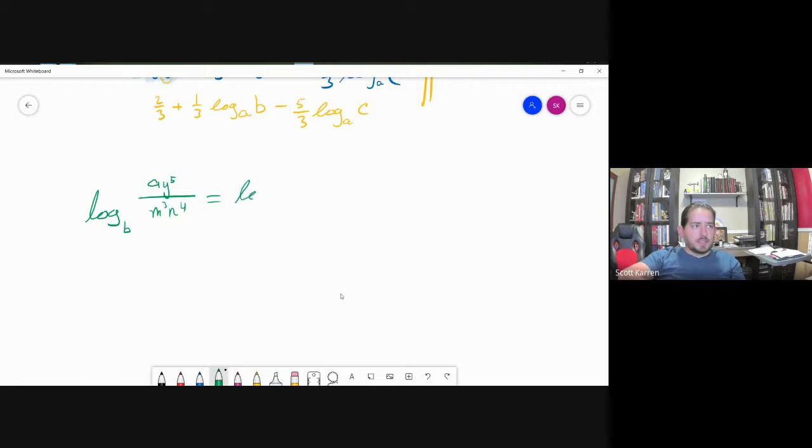I can say that this is going to be the log base b of a y to the fifth, the numerator, minus log base b of m to the third n to the fourth, and then use the product rule here and here. This turns into the log base b of a plus the log base b of y to the fifth.